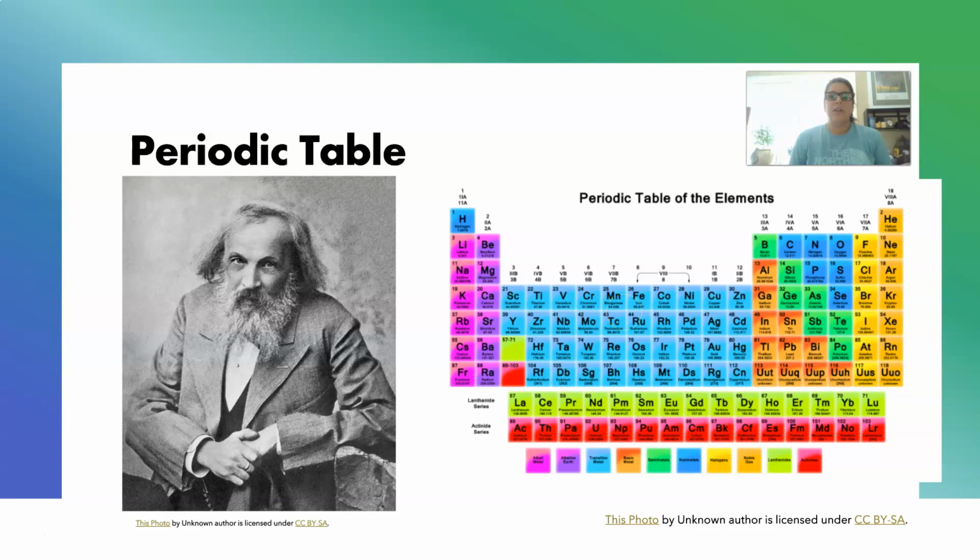Even though some of his predictions were not actually accurate, once we learned more about some of the elements as we moved forward or discovered more elements, his ideas and his organization, again, is going to be the framework for what we now know about the periodic table.